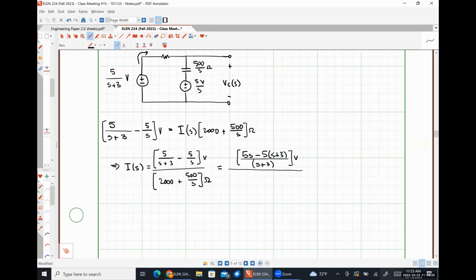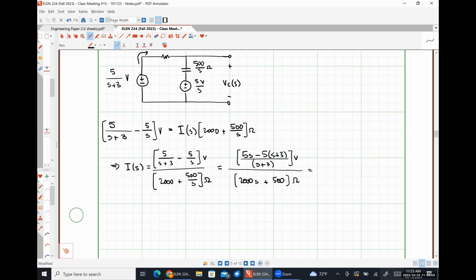Now I need to multiply this thing by S, which is going to give me 2000S plus 500, units of ohms. Okay. So what does 5S minus 5 times S plus 3 look like?